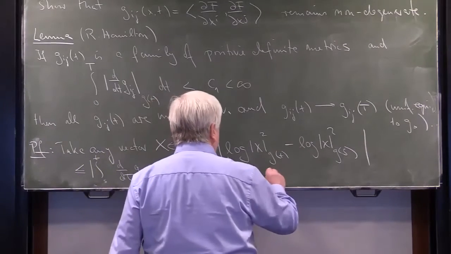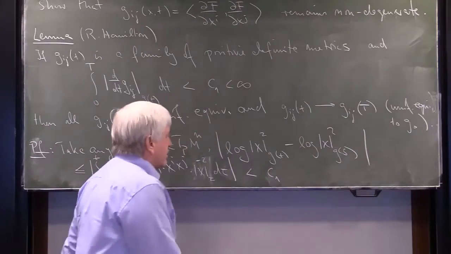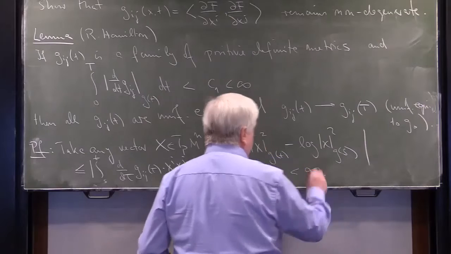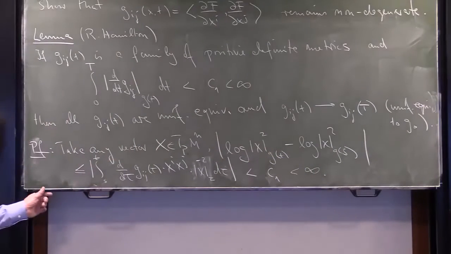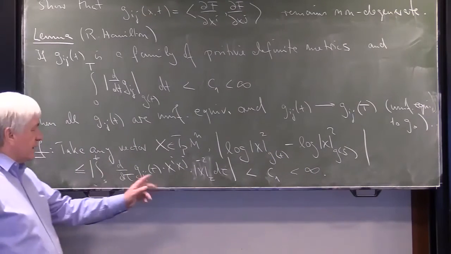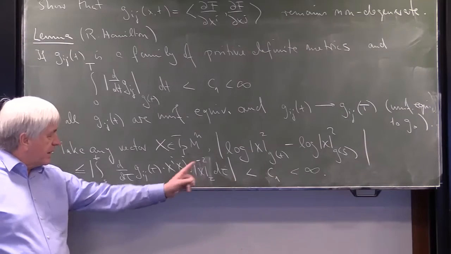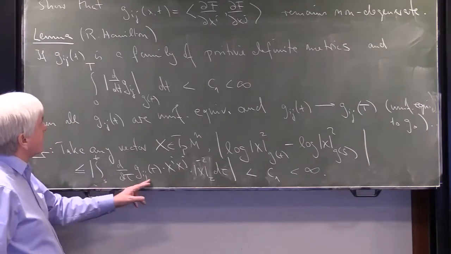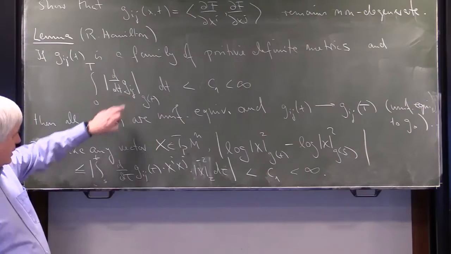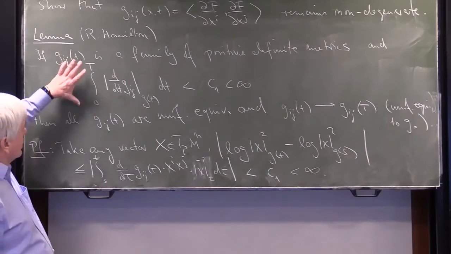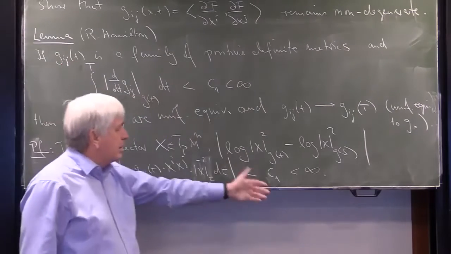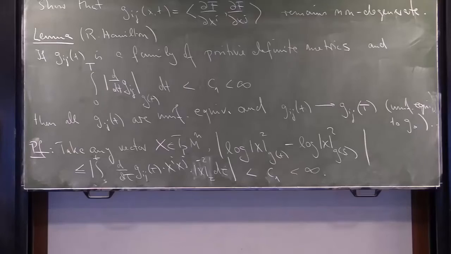This term here is less than C1, less than infinity, by assumption, because by the Schwarz inequality this term cancels against the x(τ) to the -2, and I'm exactly left with this integral from s to t, and I estimate this by the whole interval, and this is bounded.